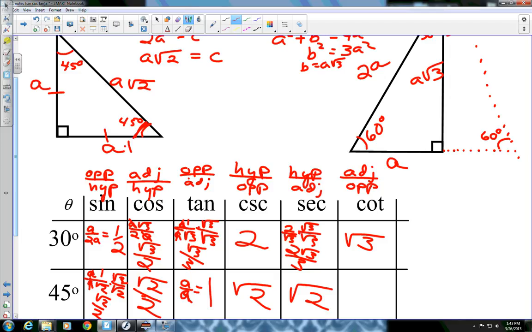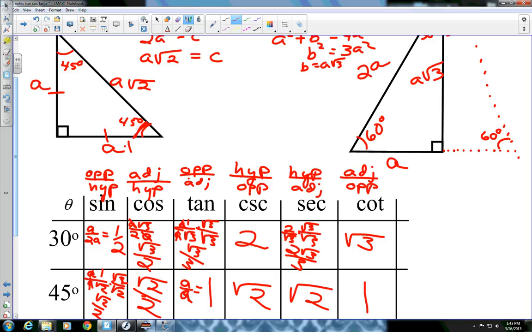The cotangent is the reciprocal of the tangent. Well, the tangent was 1. The reciprocal of 1 is 1. So 45 is kind of an interesting one. Sine and cosine are the same. Tangent and cotangent are the same. Cosecant and secant are the same.